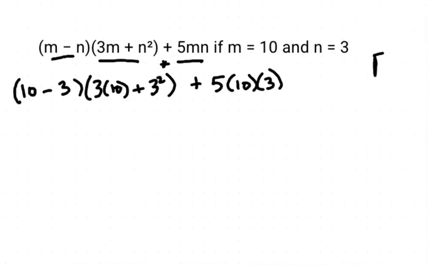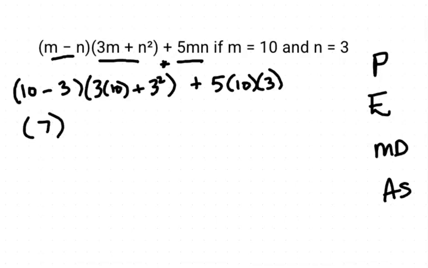Order of operations, we do parentheses first, then we do exponents, okay? We do multiply, divide, and then add, subtract. So this is the Please Excuse My Dear Aunt Sally sentence, if you remember that. So I'm going to focus inside my parentheses first, and I'm going to work from left to right. So 10 minus 3, that gives me 7 in here. Then in here, I've got a few things going on.